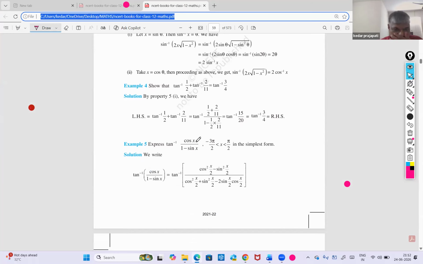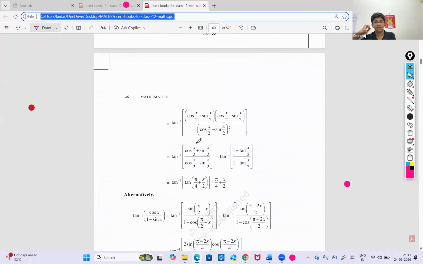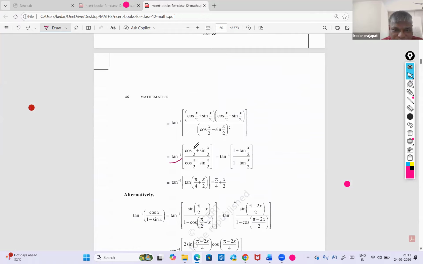If cos x and 1 minus sin x is coming, I have to first change into half angle property. After the half angle property, you will be expanding it, and after that cancelling and bringing it into this form, so that when tan inverse is outside, the inside term should not be cos and sin.